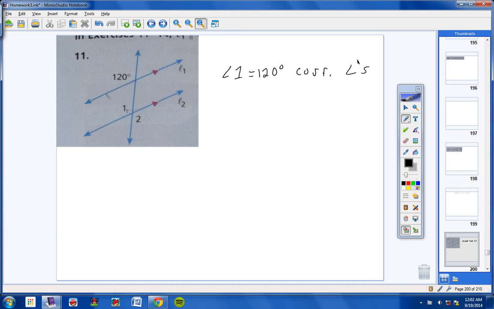Of course, the two lines have to be parallel, and they are. And I would write angle 2 equals 120 degrees, and my reason would be vertical angles, and that's sufficient. This angle and this angle are corresponding angles, and this angle and this angle are vertical angles.